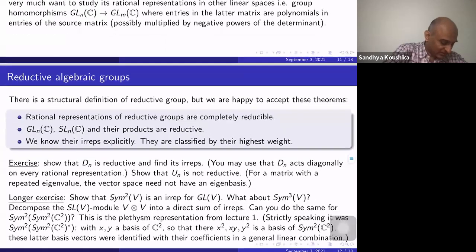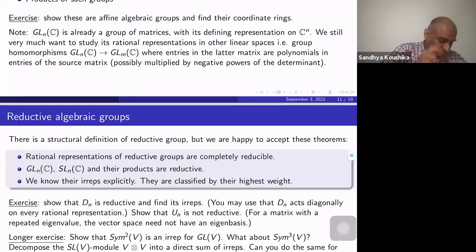All right. Now this last, longer exercise is something that I strongly recommend. I said that GLN is important, and its representation theory is concretely important for us. So how do I deal with those representations? How do I first generate them? I already have lots of tools to do that.